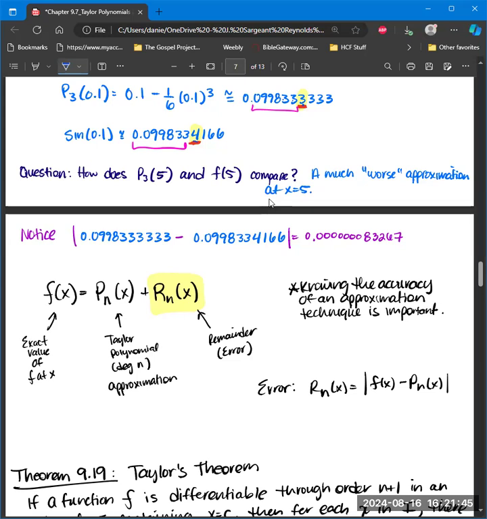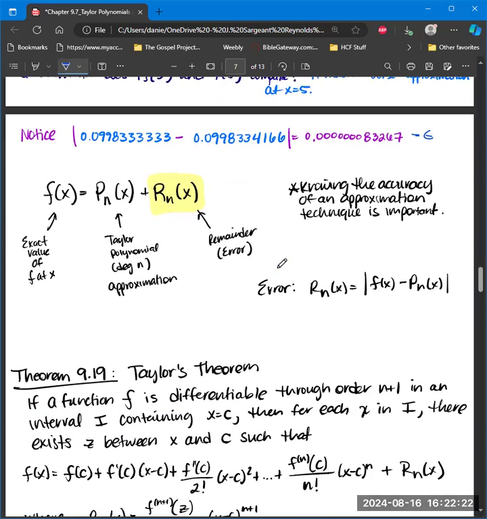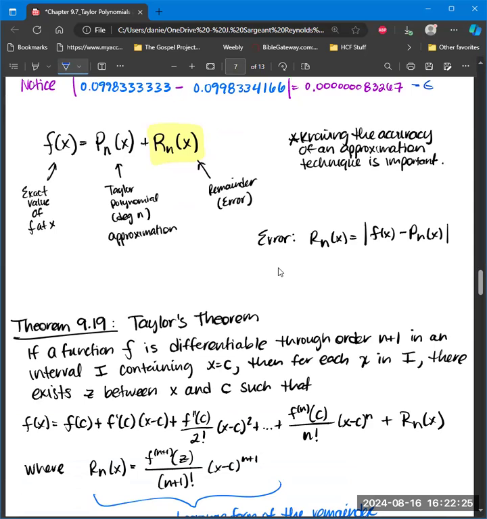So our error right now is only 0.00000000833267. That's what I was saying, that they agree to the 10 millionths spot. But if you would actually figure this out for 5, find out what sine of 5 is, 5 radians that is, and put 5 into that polynomial, I'll let you do that as an exercise for yourself. You'll figure out that it's a much worse error.